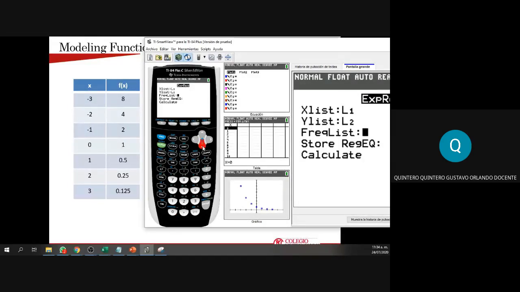All right. Bueno, paso un momentico al español. Aquí lo que estaba buscando era una forma de decirle a la calculadora que me guardara la función que vamos a encontrar. Y uno la puede guardar aquí, en Store Regression. Pero no me acuerdo cómo.